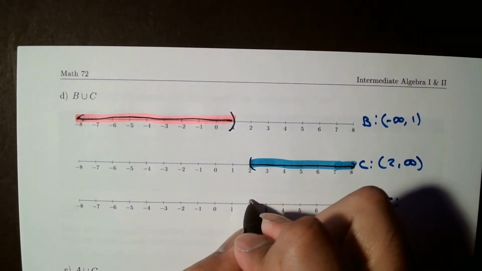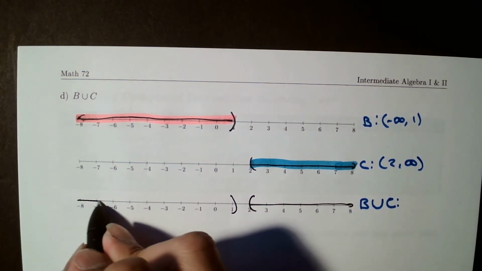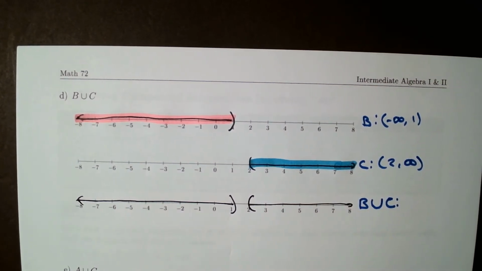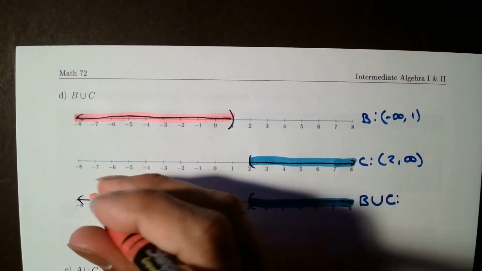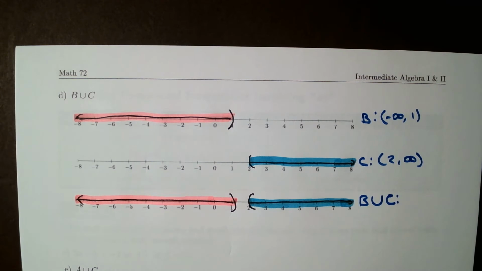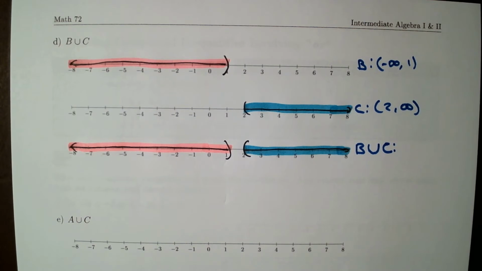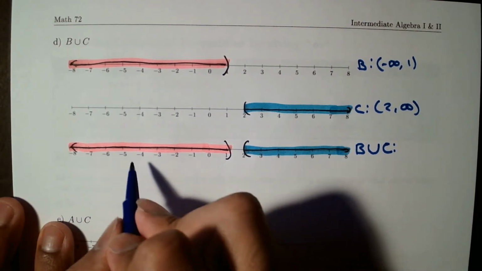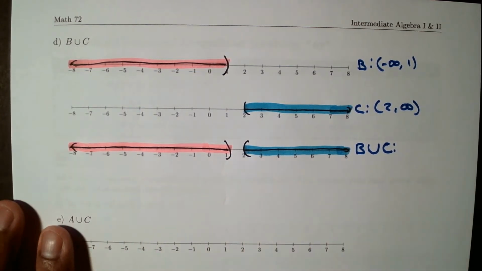Well, let's put them together. On the one hand, it goes this way. On the other hand, it goes the other way around. It's going to go blue over here, and it's going to go pink this way. In this case, we're looking for the union, not the intersection, so we're not looking for purples here. We're not looking for overlap. We're looking for the elements that belong to either this one or the other one.